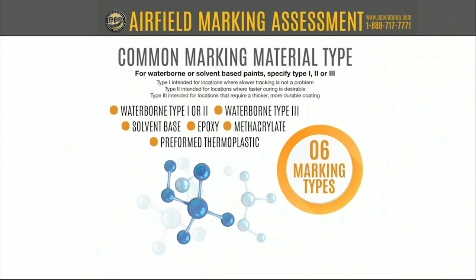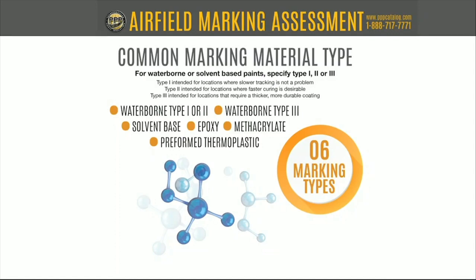There are also solvent-based paints. Those are single component products, and then there are also plural component products such as epoxies, methyl methacrylate, and the preformed thermoplastic is also a single component introduced into the airfield environment back in 2009.